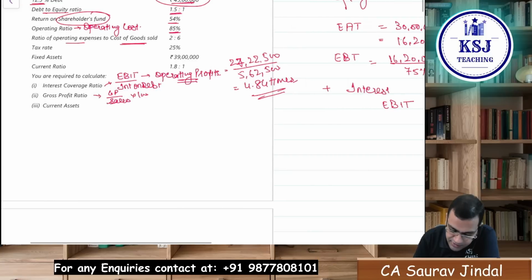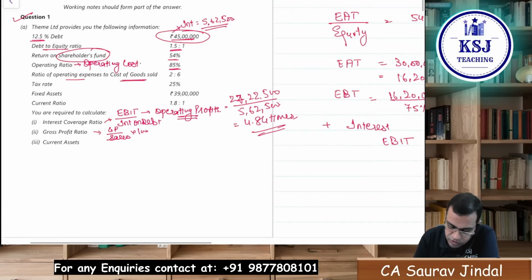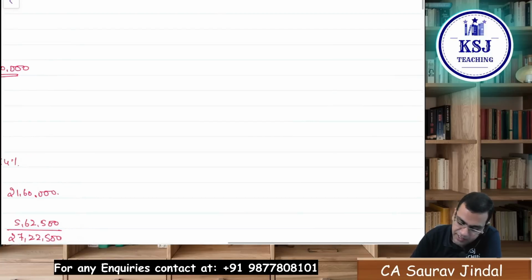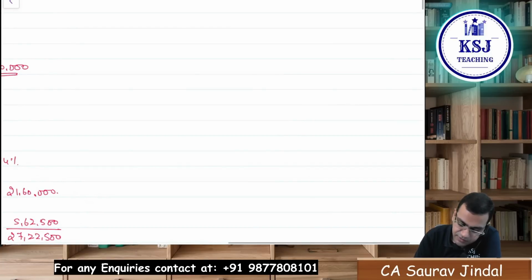Clear? Next they are asking for is gross profit ratio. Now for that, what is given, sir? Operating ratio is given. Sir, what can we calculate? Fixed assets and all those things are given to you, right? Now operating ratio is given 85%. That means my operating cost is 85% of sales.